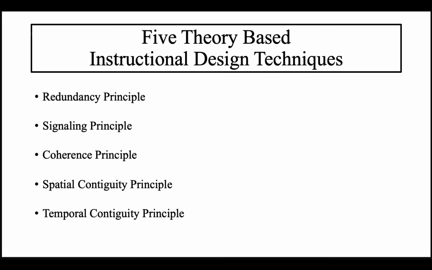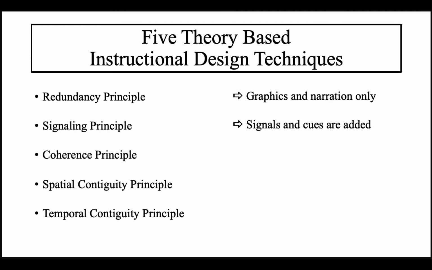The 5 theories of CTML that can reduce this type of extraneous processing are the redundancy principle, where you use graphics and narration only. So when dealing with CTML, we will eliminate text entirely and work with only graphics and narration. The signaling principle, where cues or signals like arrows or indicators are used to direct the learner's attention.